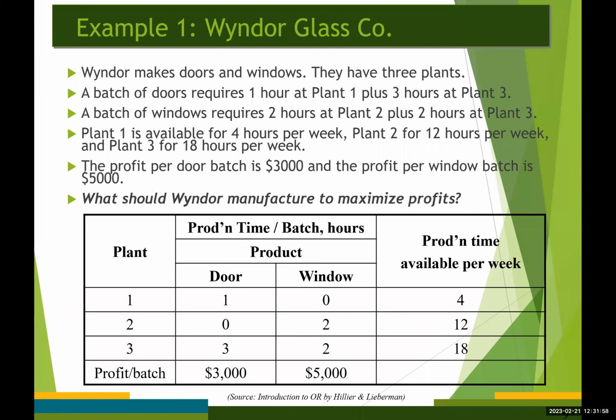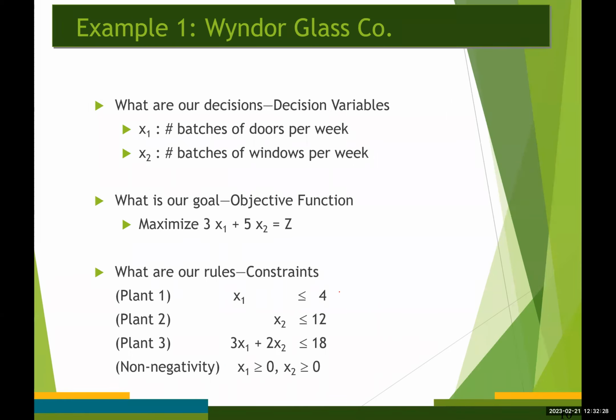Here each batch of doors produced per week uses one hour of labor time each week in plant number 1. However, only 4 hours are available in plant number 1. So basically, we consider the first row to produce our first constraint: x1 is less than or equal to 4.